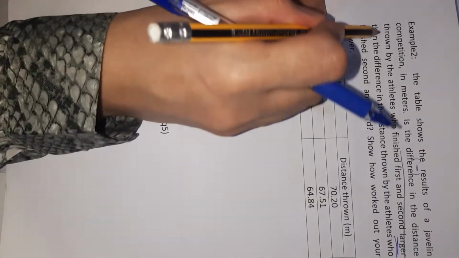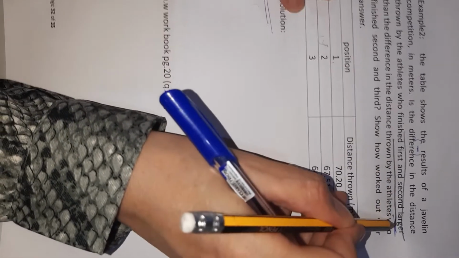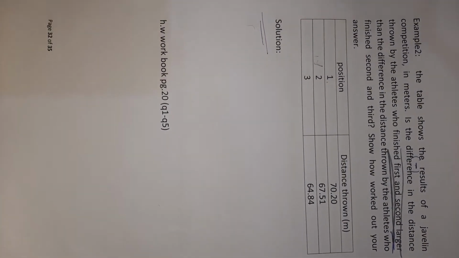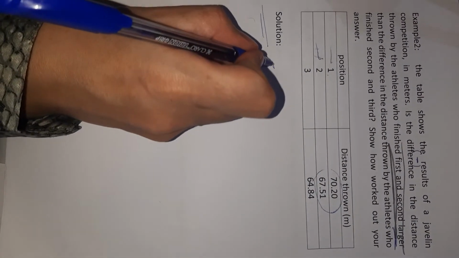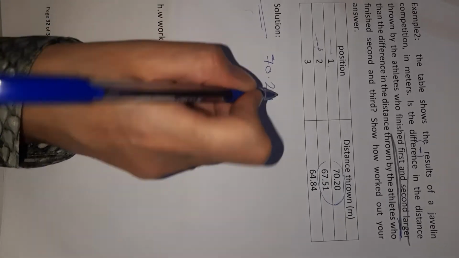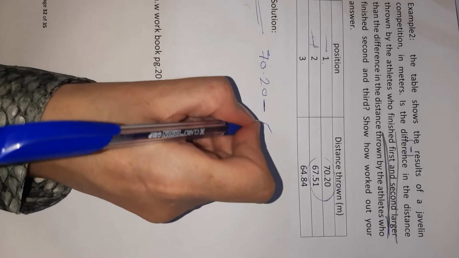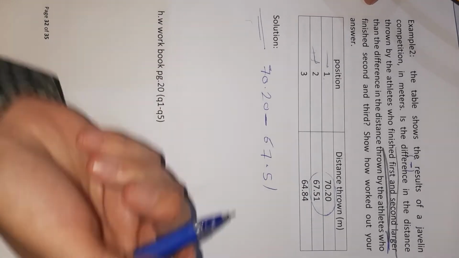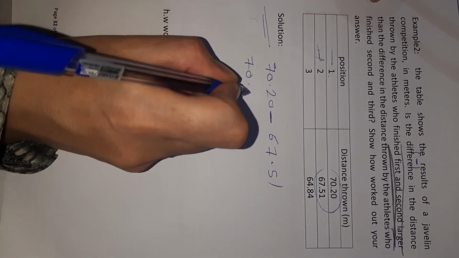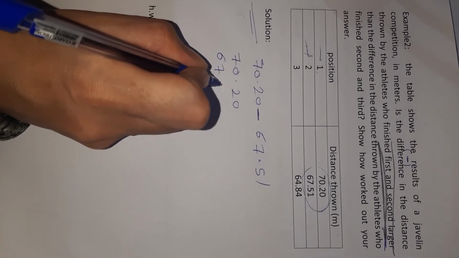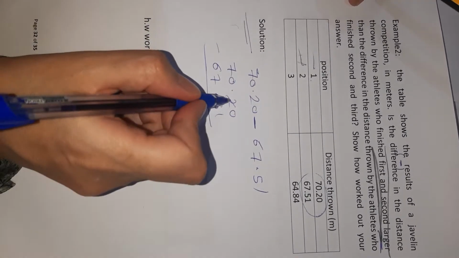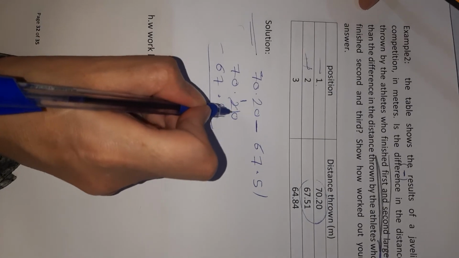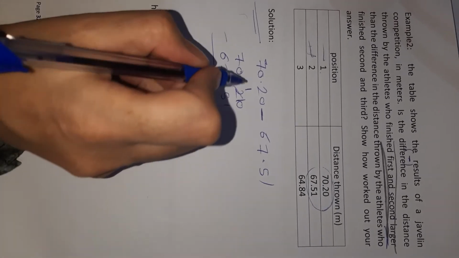We need to subtract the first one and the second one. This is the first one. This is the second one. So here we need to subtract these two: 70.20 minus 67.51. Let's find it. 0 minus 1 we can't. It becomes 1. It becomes 10. 10 minus 1, which is 9.